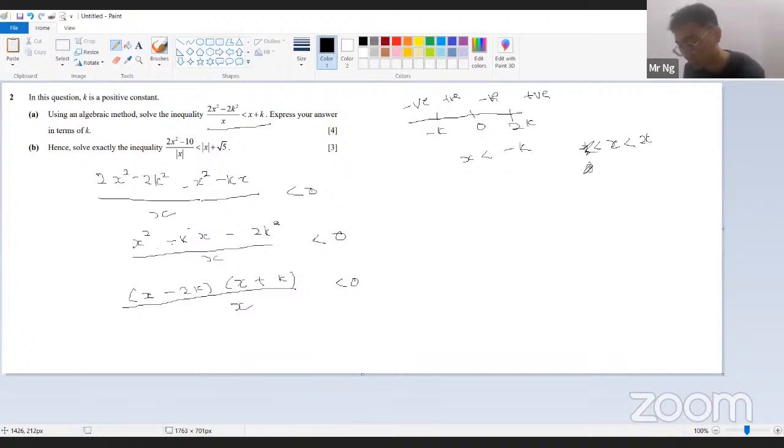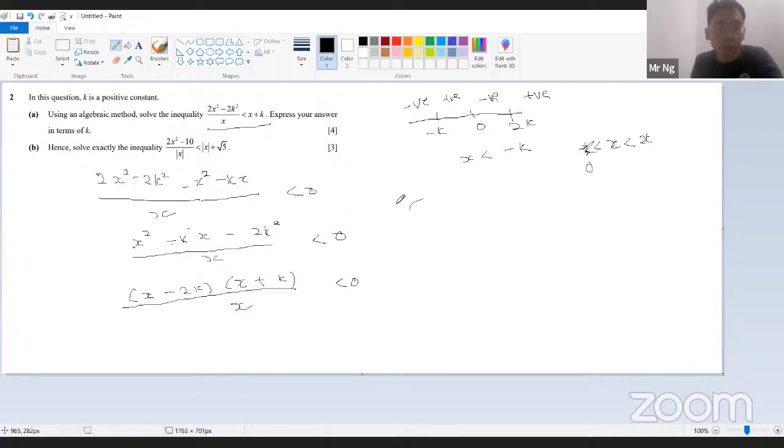Then when the curve is smaller, it's between 0 to 6. Okay, so this is done, solved.